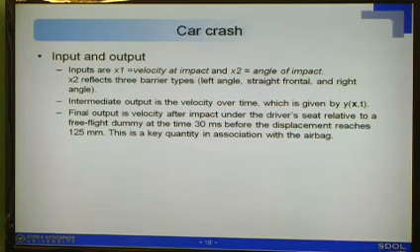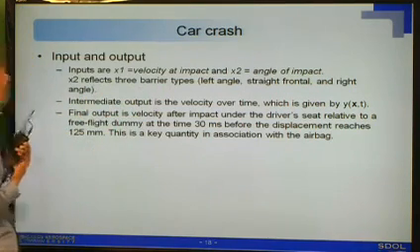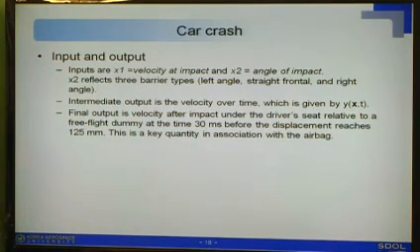Inputs, there are two inputs. One, velocity at impact, at the beginning of the impact. We can impose a certain velocity for that. And the second input is the angle of impact, which represents the three barrier types: the frontal, left angle, right angle.